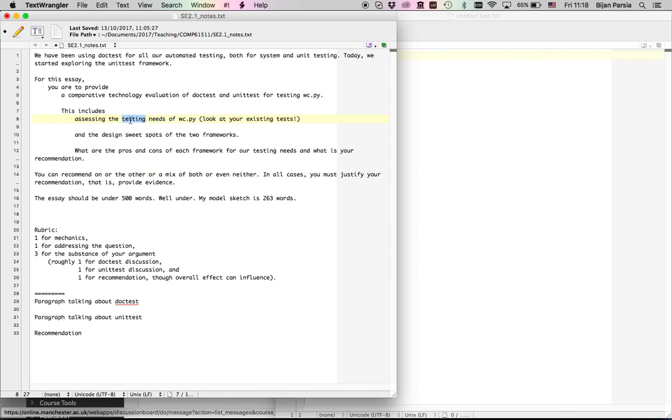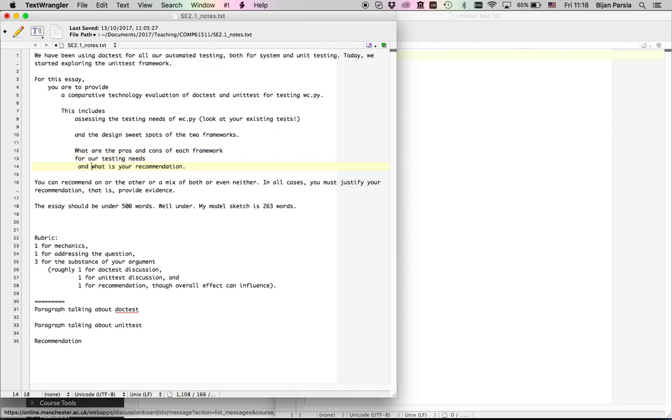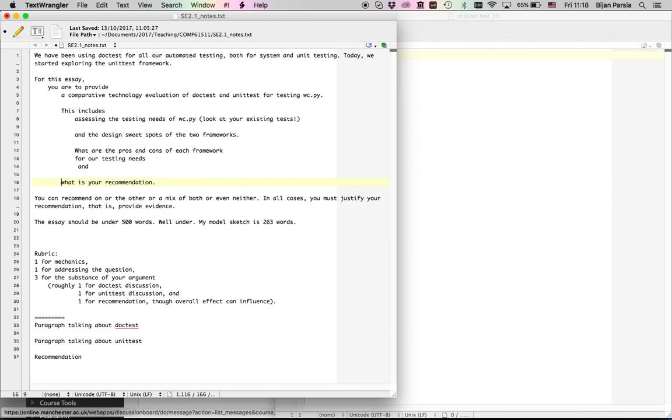And so that might mean for wc, it's not the right framework for that. And so in general, then you need to start building a pro and con list for each framework specialized for your testing needs, and then, based on that, I need a recommendation.